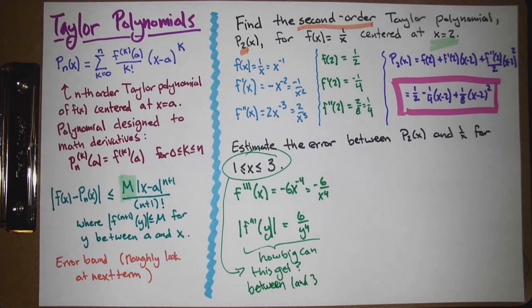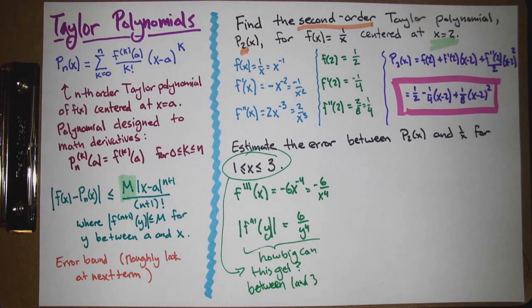So 6 divided by y to the 4th. If y is allowed to go between 1 and 3, what's the biggest it can get? The biggest it can get is 6, okay. Where does that happen? At 1. Notice the y is downstairs.